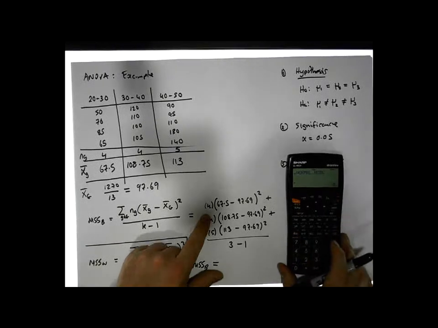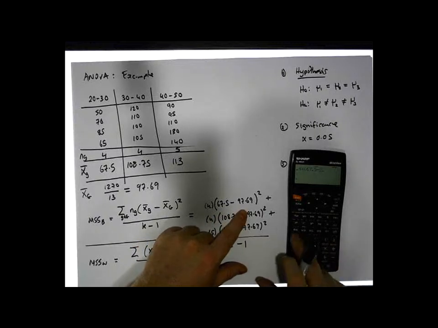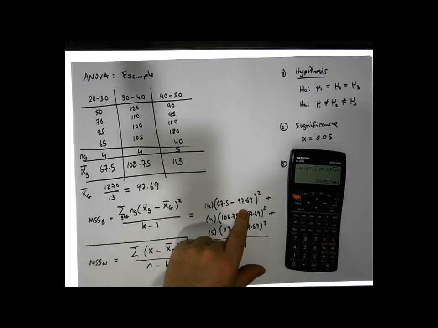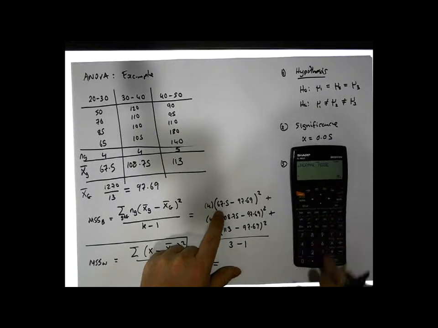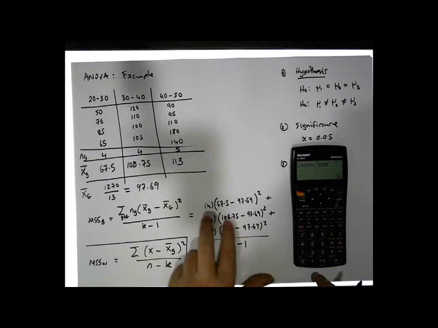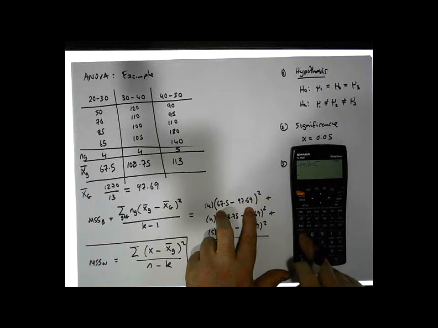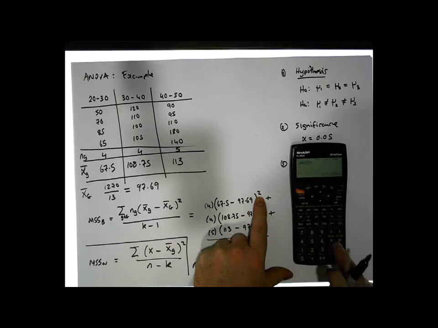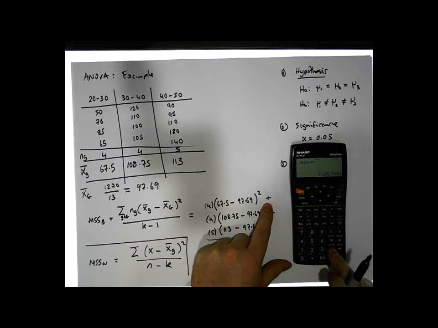Let's do the first bit: 67.5 minus 97.69, and we square that. Then we multiply that by the sample size for that group, which is 4, which gives us 3,645. Then we add on to that.